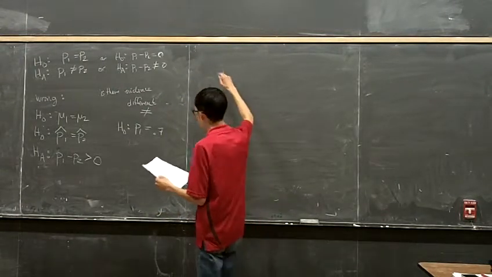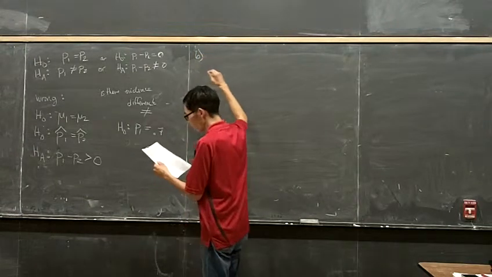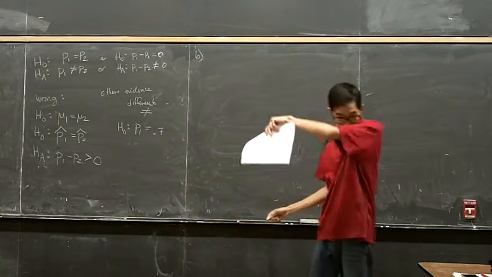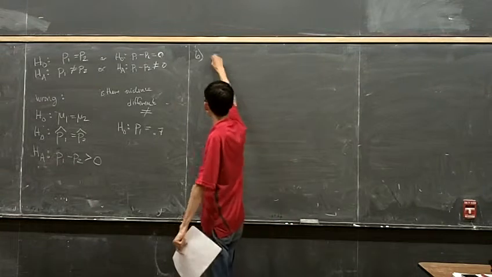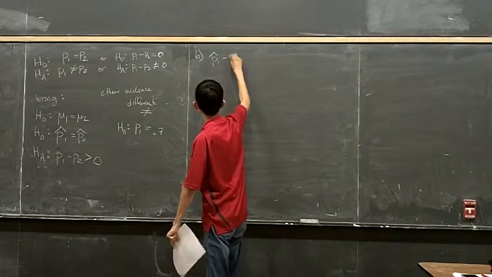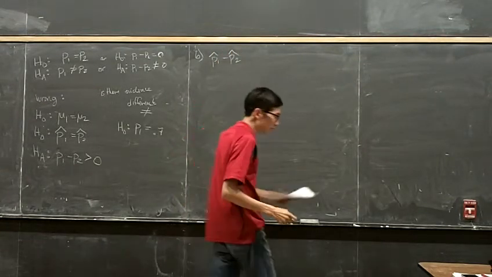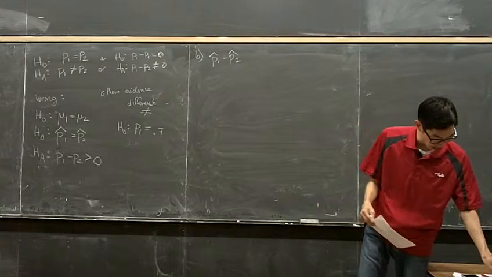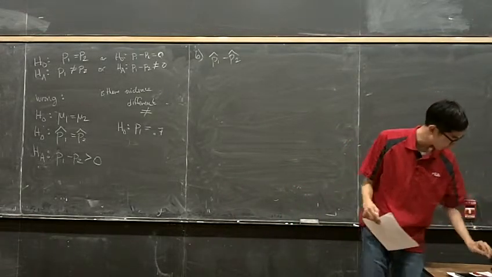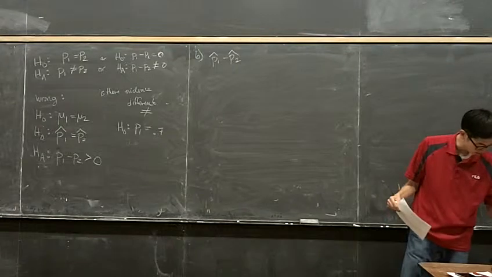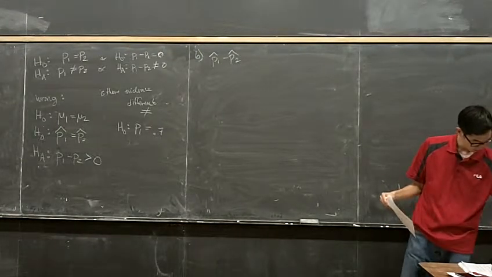All right. Part B says, what is the observed difference in proportions? The observed difference in proportions is going to be p hat 1 minus p hat 2. Depending on which version of the test you got, we've got different answers here.